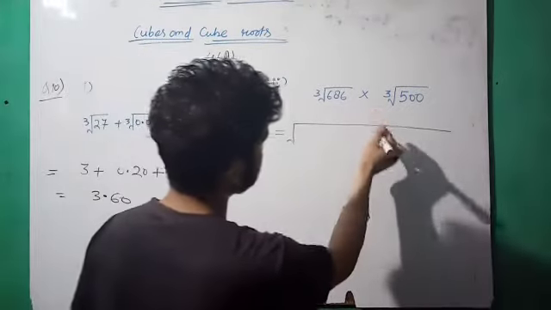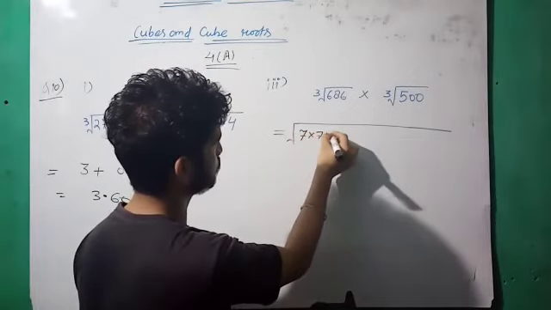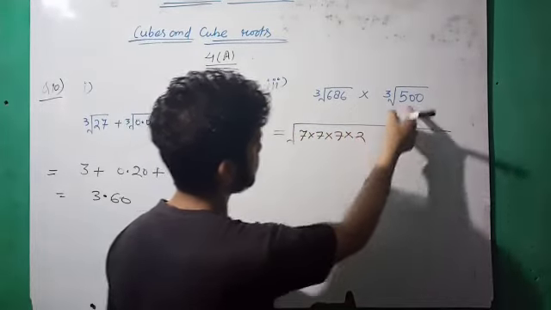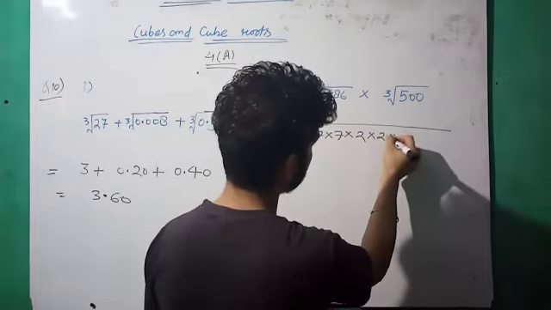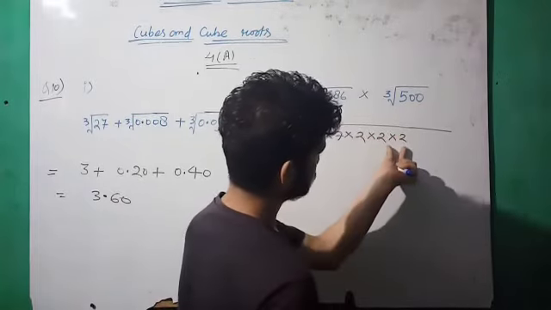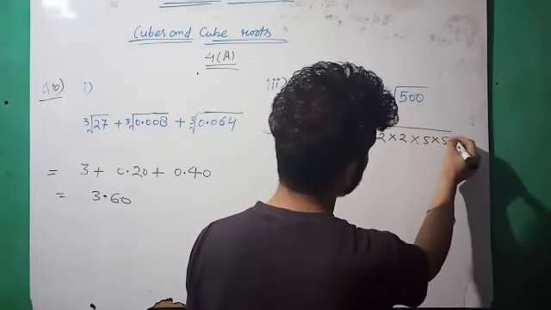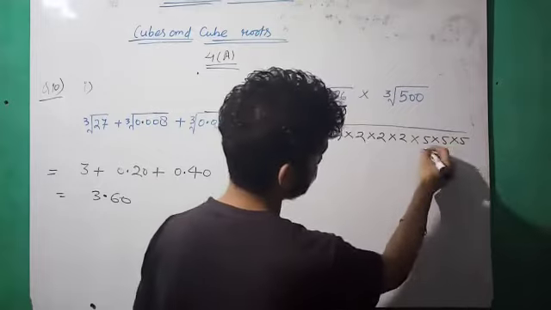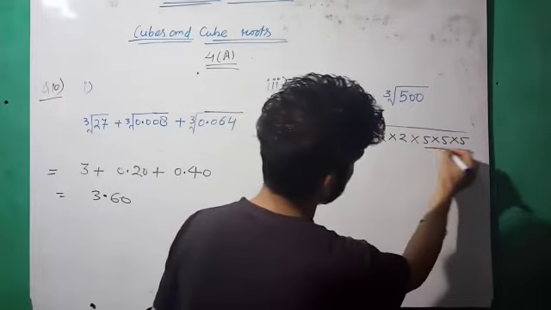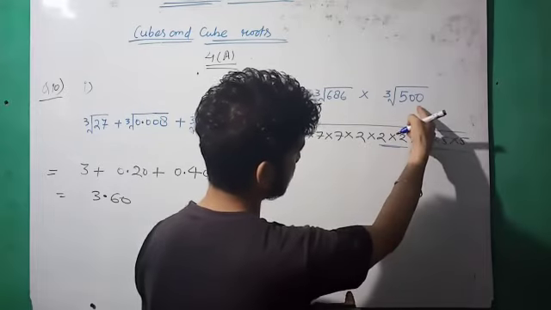Now we can write it as 686 over 500. 686 is 7 into 7 into 7 into 2, and 500 is 2 into 2 into 2 into 4, and 4 we multiply by 5 into 5 into 5. 125 into 4 is 500.